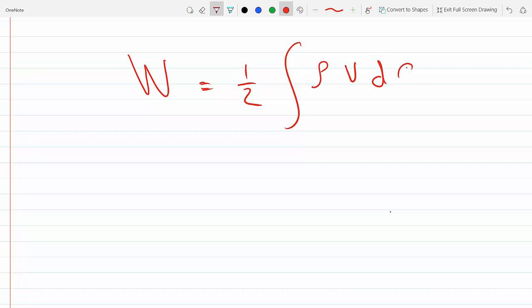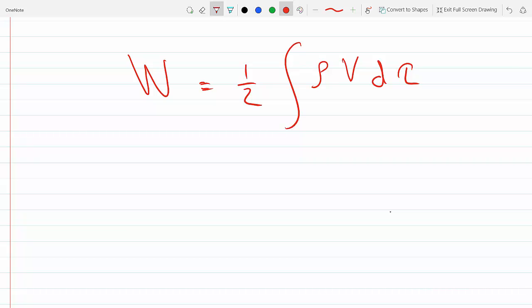This is a formula for a volume charge density. You could figure out the energy in a charge distribution by saying W is equal to 1/2 integral of rho V d tau. If you know the potential and the charge distribution, you could actually figure out the energy.